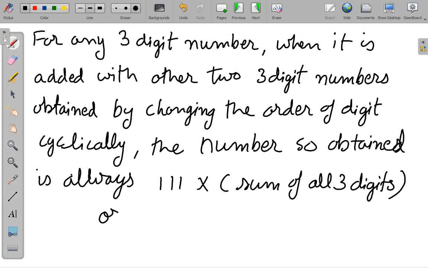Or you can say 37 into 3 into the sum of all digits.